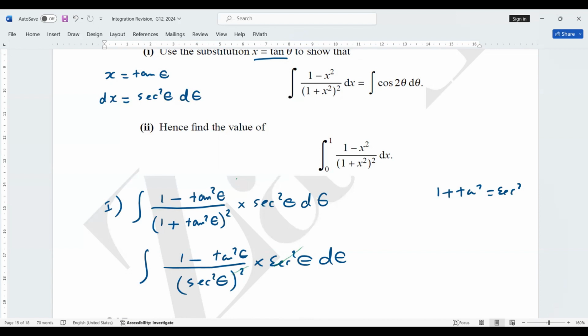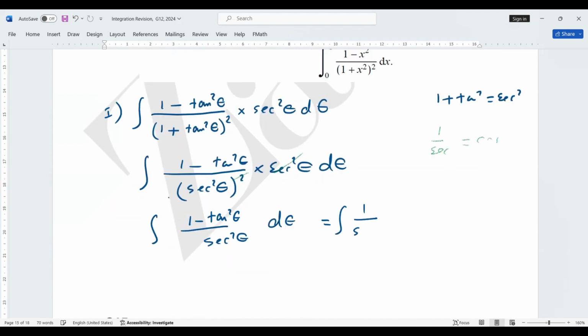So 1 minus tan squared over sec squared. 1 over sec equals what? 1 over sec equals cosine. And what about tan squared? We separate this: 1 over sec squared theta minus tan squared theta divided by sec squared, d theta. It's a long way, I know.